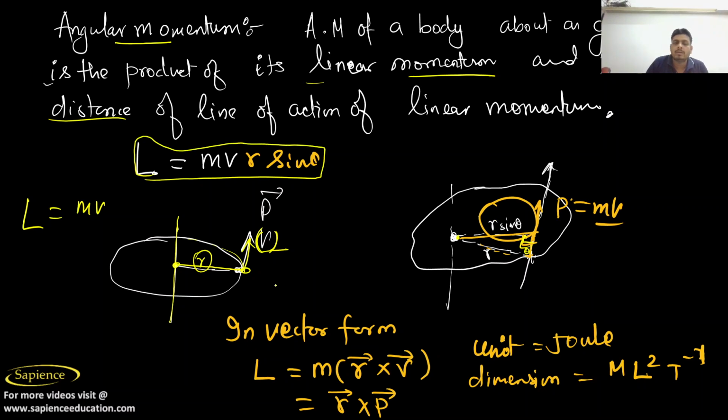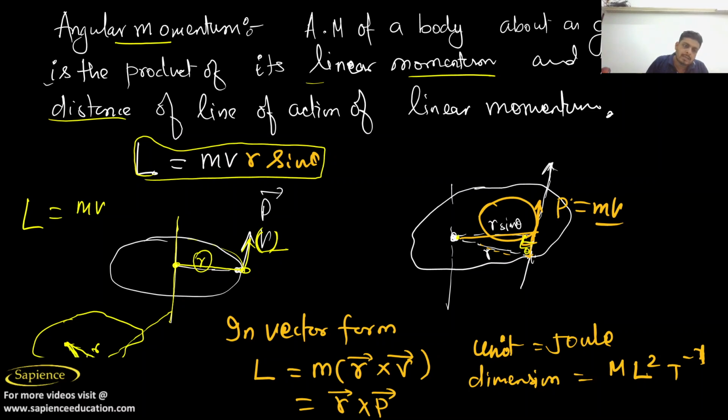I hope you have understood, or again I will make you understand. This is a simple example. You take this as a point, and the line of action of force is this. This is the distance r, but what is the perpendicular distance? This is the perpendicular distance.